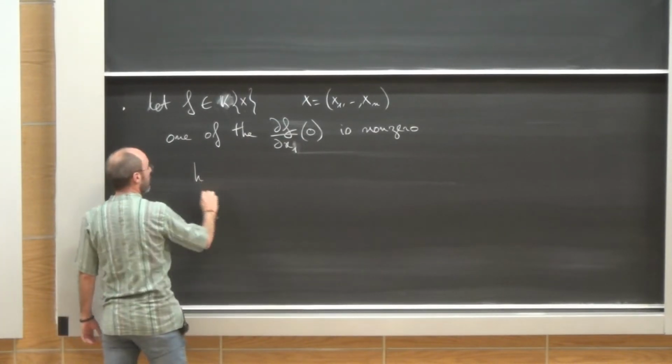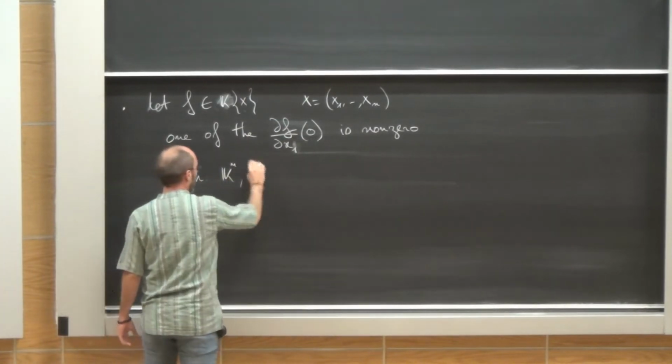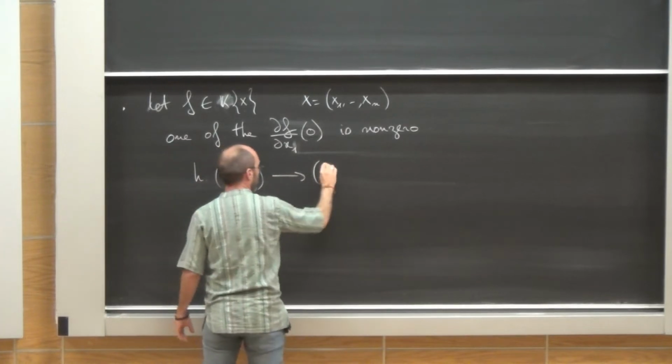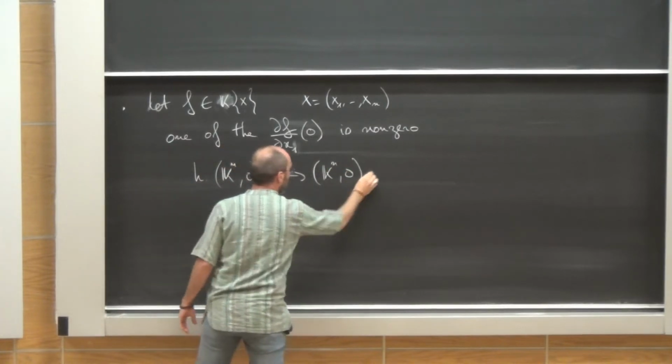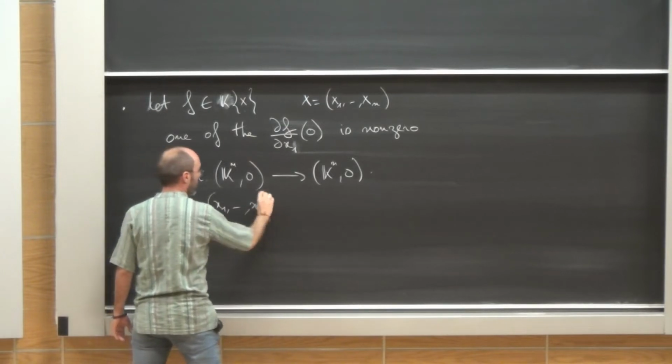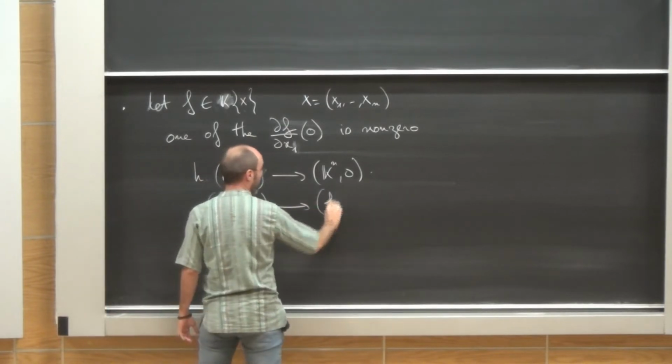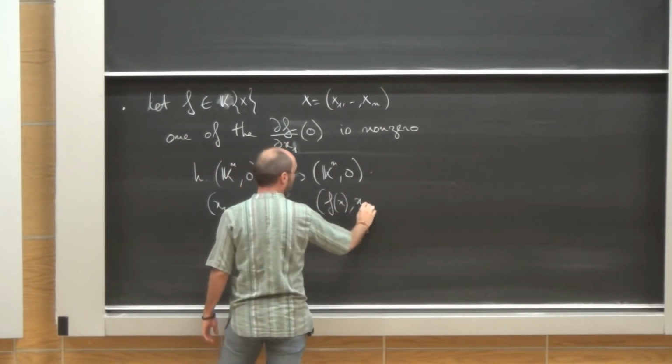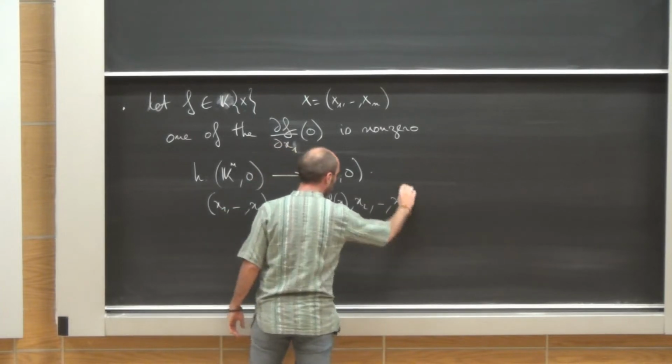Now I consider the map from k^n at 0 to k^n that sends the point x1, ..., xn to f of x, x2, up to xn.